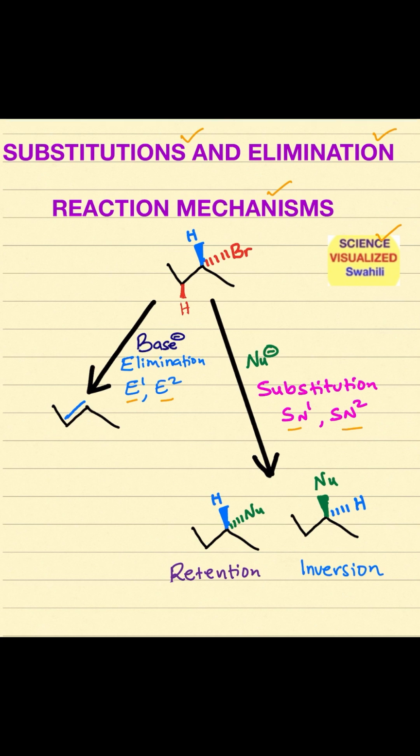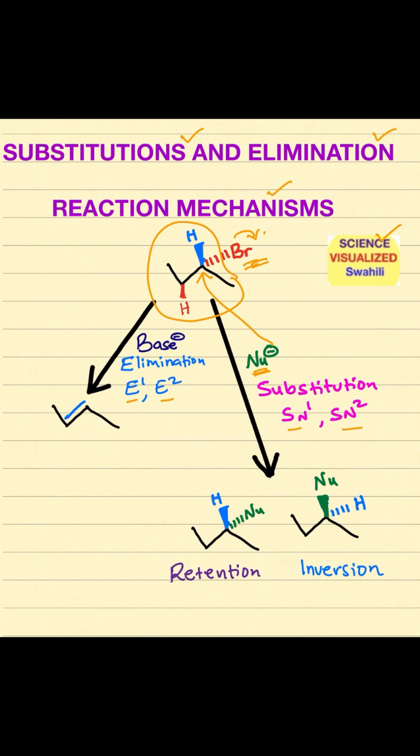The substrate that we're using is an alkyl halide, where the alkyl group is here, and then the halogen in this case is bromine. So the alkyl halide can react with nucleophiles, where the nucleophile will actually attack the carbon with the halogen, so you end up substituting or replacing that leaving group.